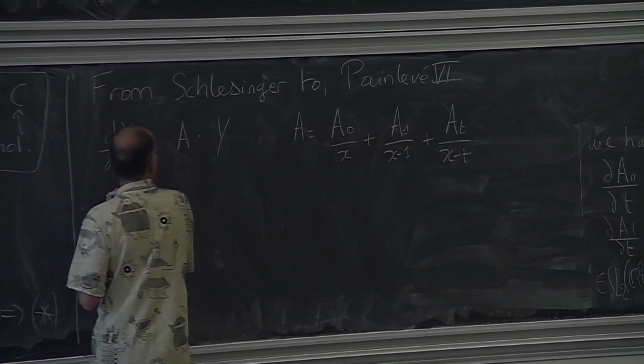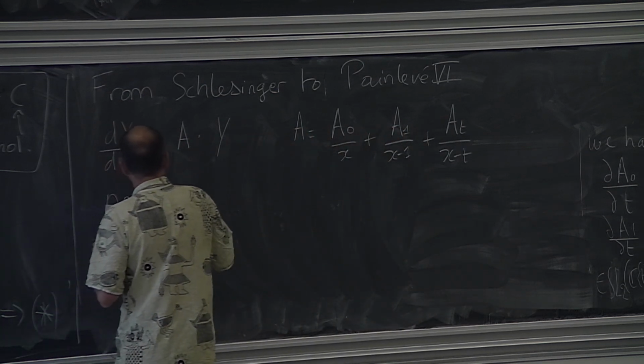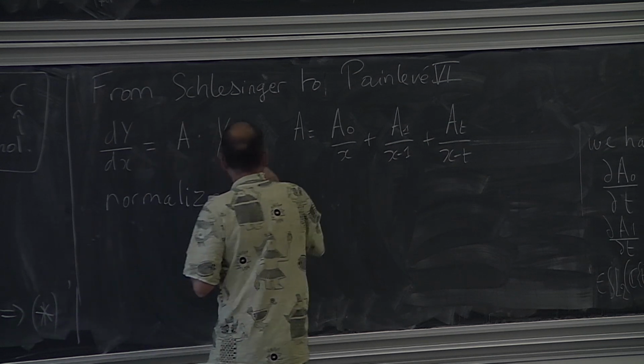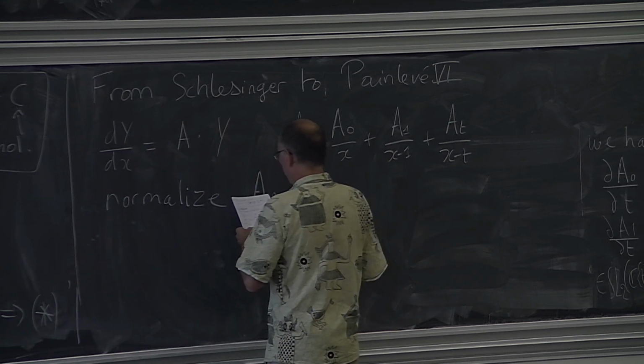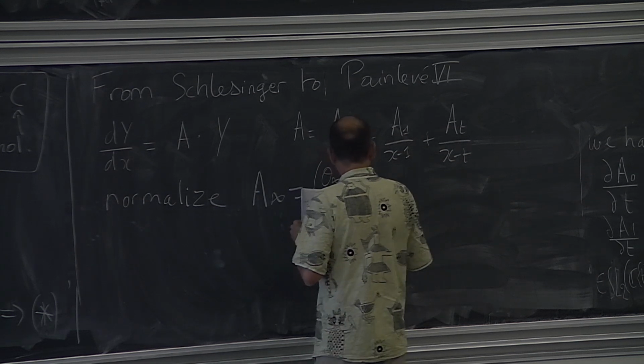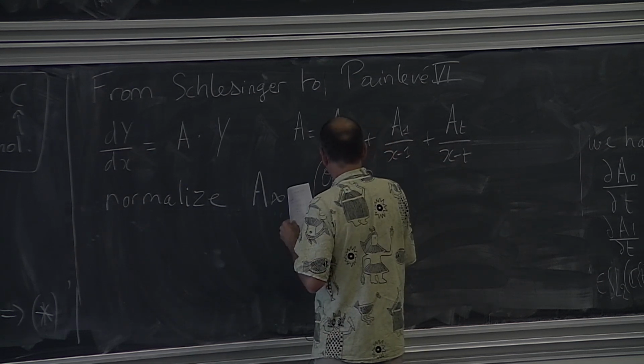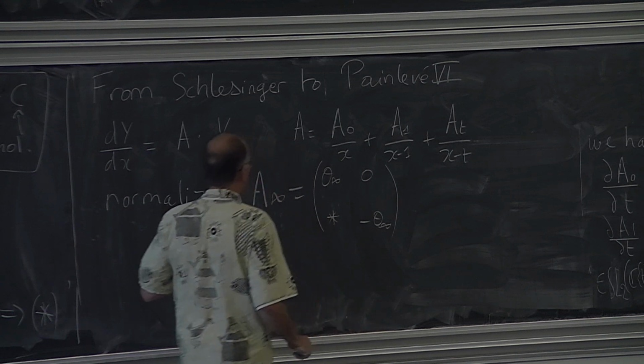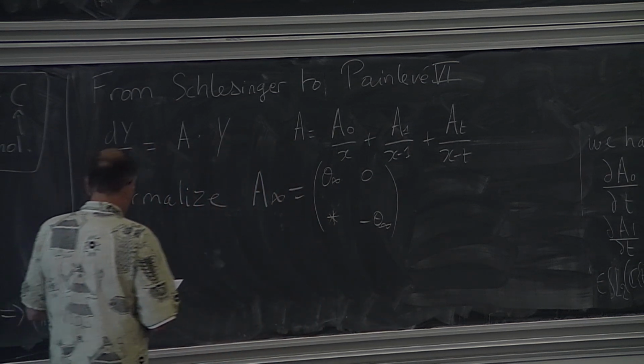Then I can normalize A infinity to be of the following form: theta infinity, 0, minus theta infinity, and maybe something here.